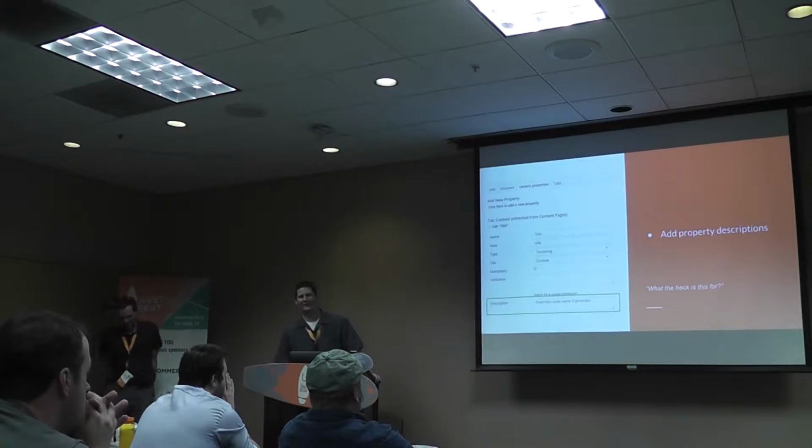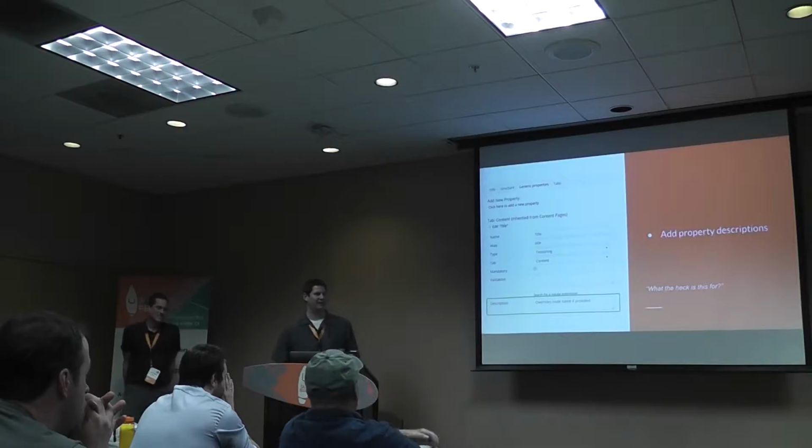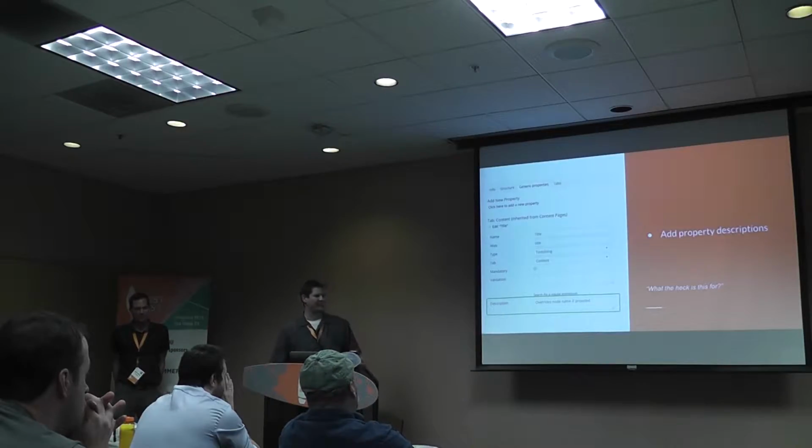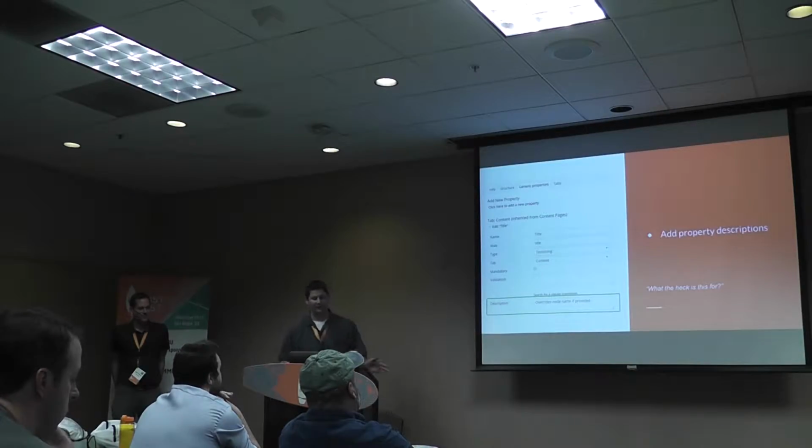This is a quote that we actually hear in the office. What the heck is this for? And all we have to do is simply add a description in the property for the doc types. It's easy to glance over this as you're building because it's really easy to just get it working and get it done. But if you can just add a description, it doesn't have to be too much.